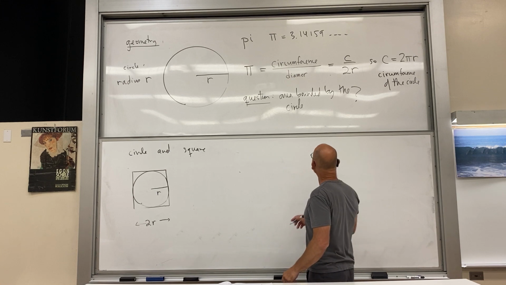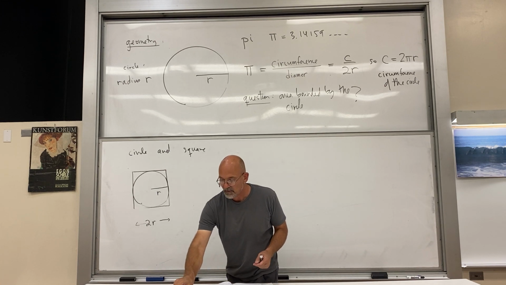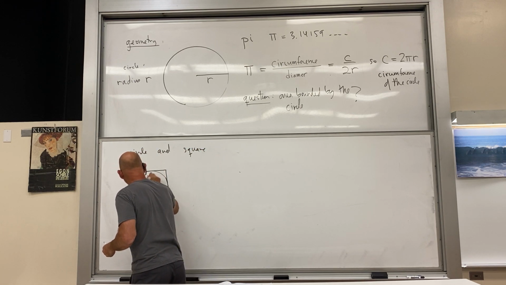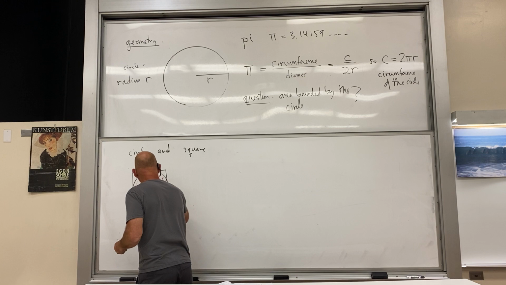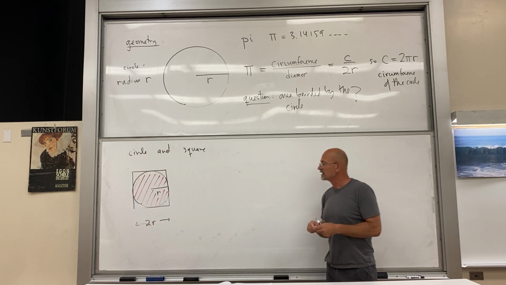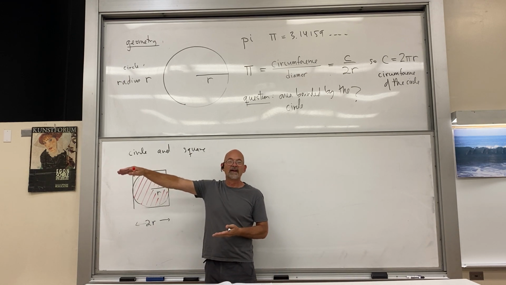Now, the area bounded by the circle, I'll go ahead and shade it in red. Right, there's the area bounded by the circle, clearly less than the area bounded by the same square, right?